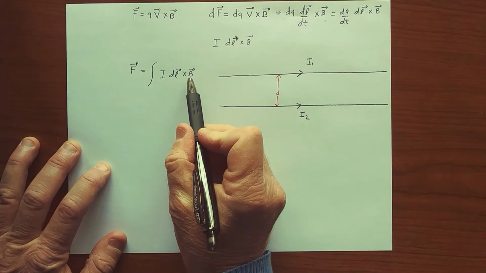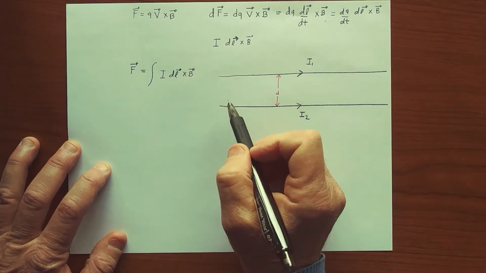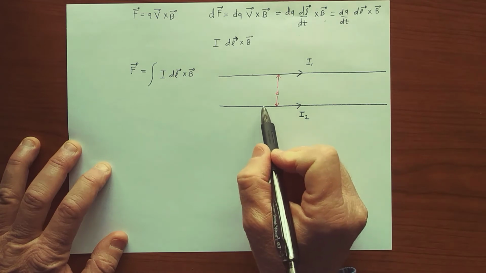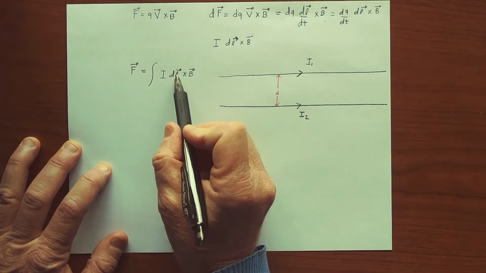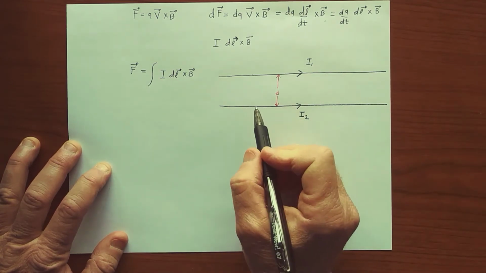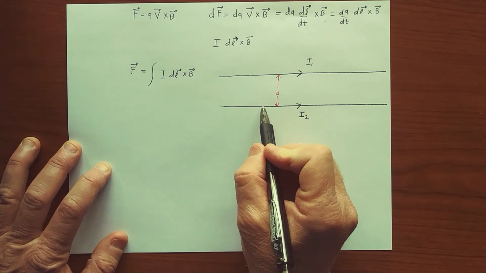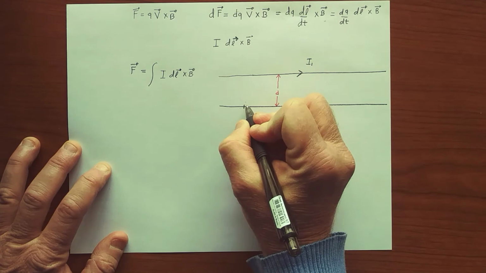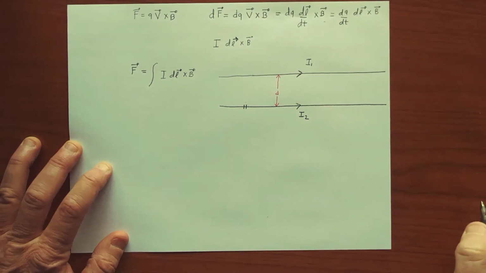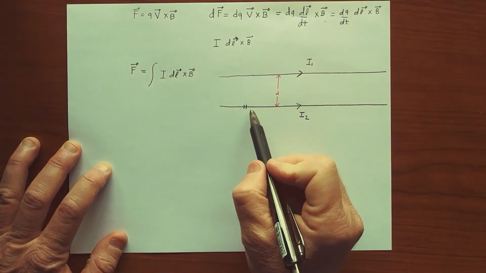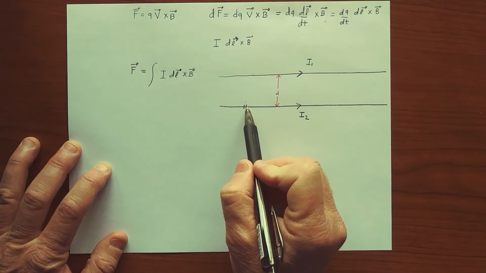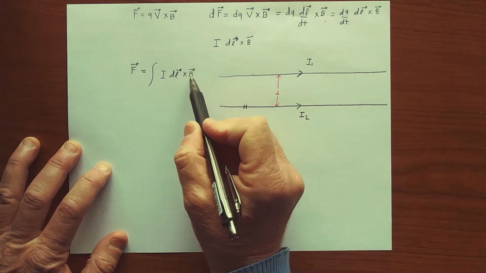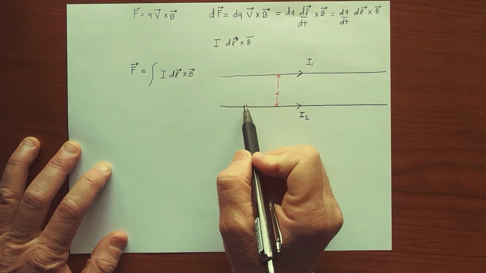But notice that if we want the force, let's say, on this wire, then we are integrating along this wire. Every little dl is a little piece like that, and there's a current I2 going through there, so the force on this little piece is going to depend on the magnetic field at this location.